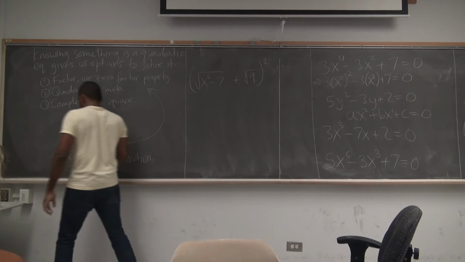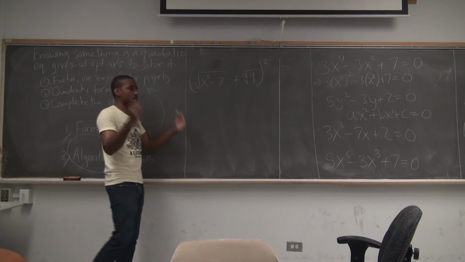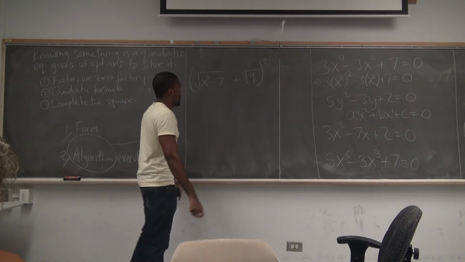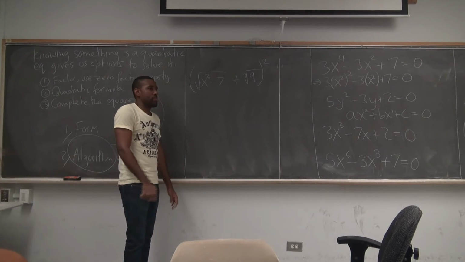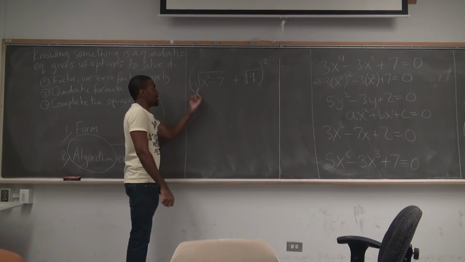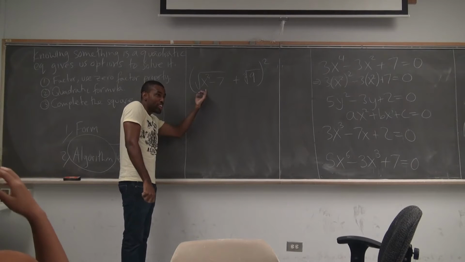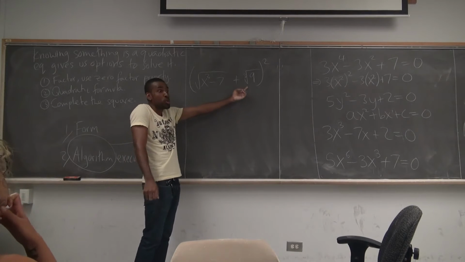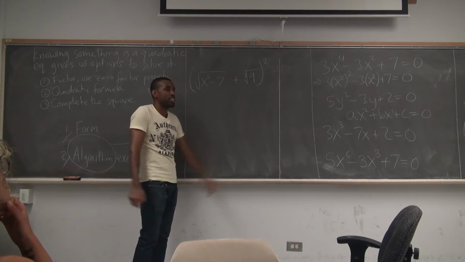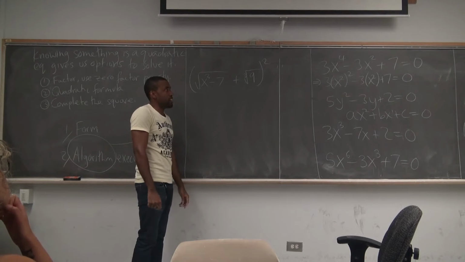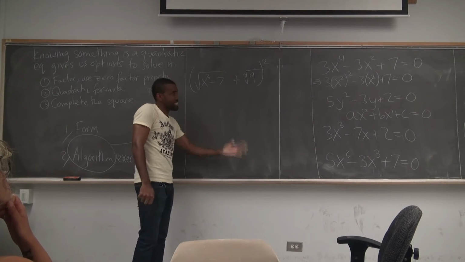You see something like that, and I might ask you to expand that, for example. Now you look at that and you're like, holy crap, that looks so scary. There's a square root and there's a cubic under here, and there's -7, there's a cube root of 9. That's not even a nice number. It looks really scary. But when you look at that, what do you actually see?